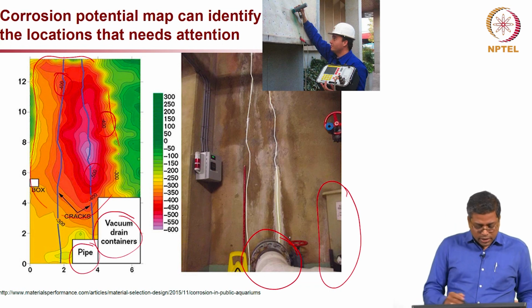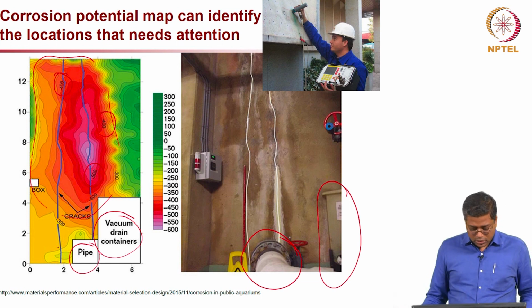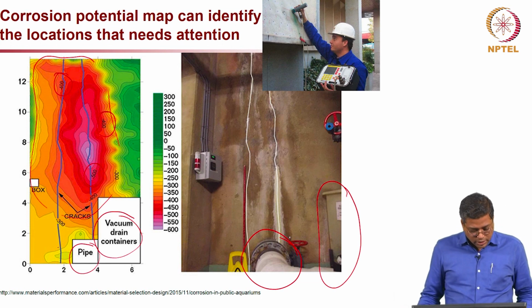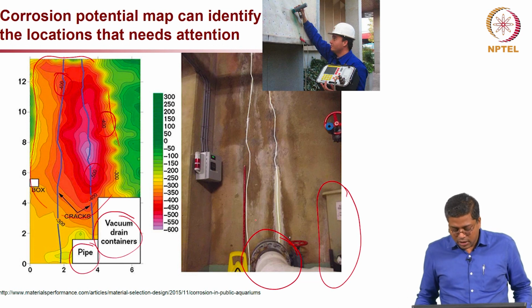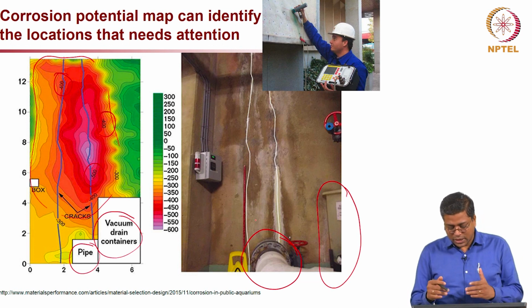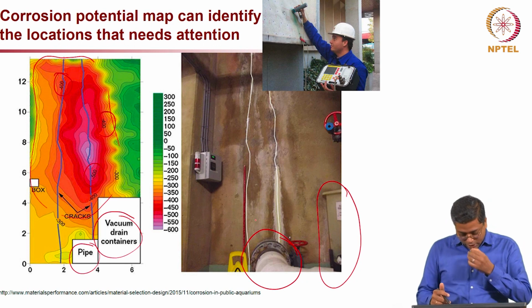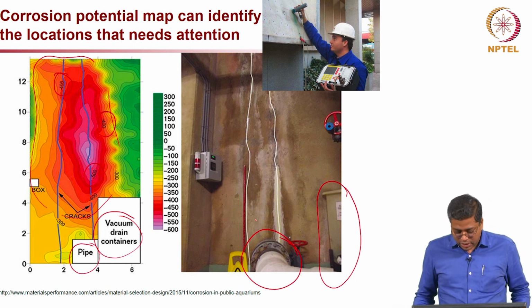There is also a blue line which is showing the crack, and this crack is reproduced as a white line, which is not the sealant or anything, it is just to show where the crack was.